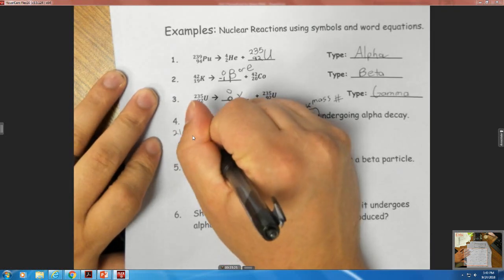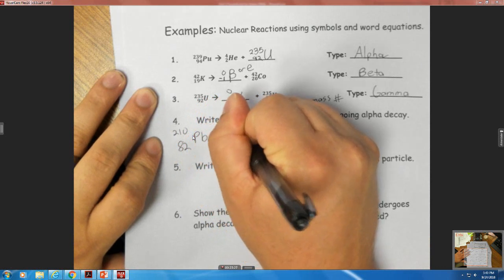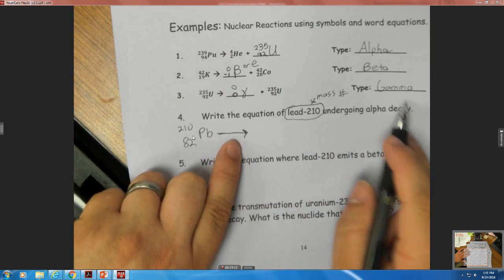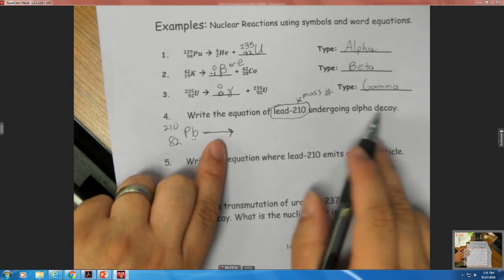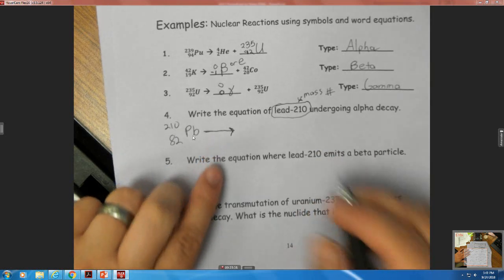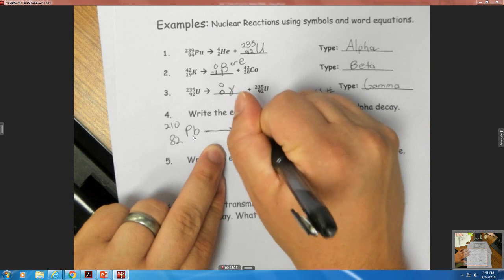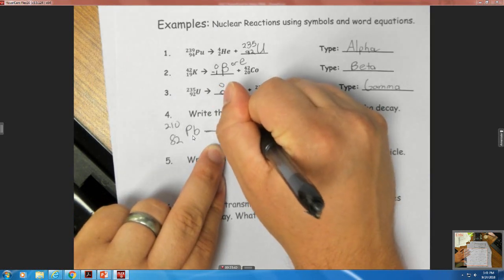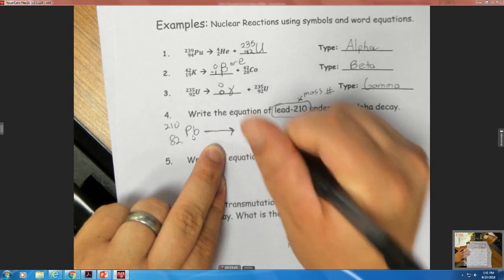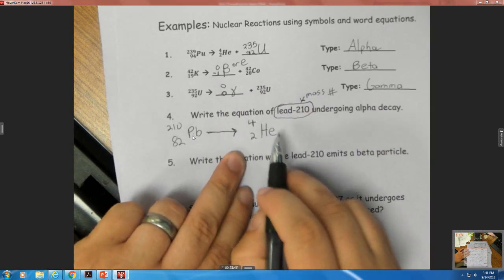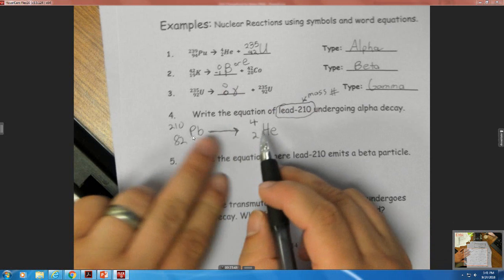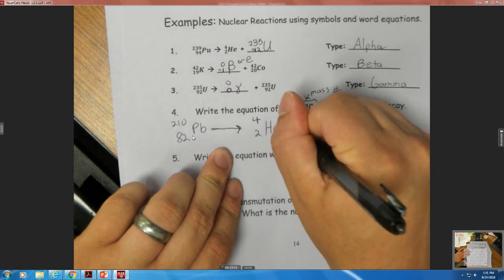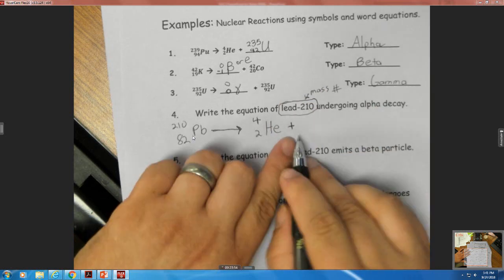Now, what's going to be present afterwards? I draw my arrow, and I'm going to have an alpha decay. So you have to memorize, what is alpha decay? Alpha decay is when you have a helium nucleus, so He, with a mass number of 4 and an atomic number of 2. So this is what's getting shot out of the nucleus of our lead atom. Then I'm going to add my next thing.